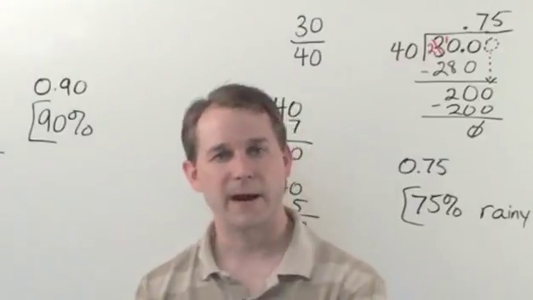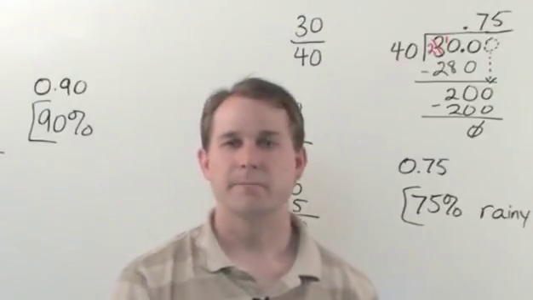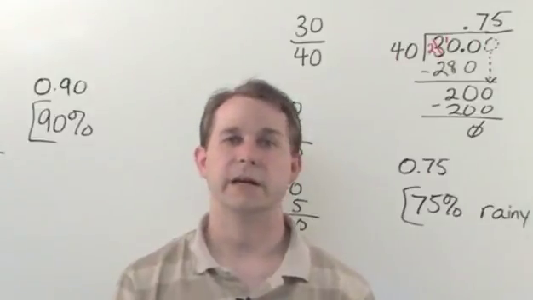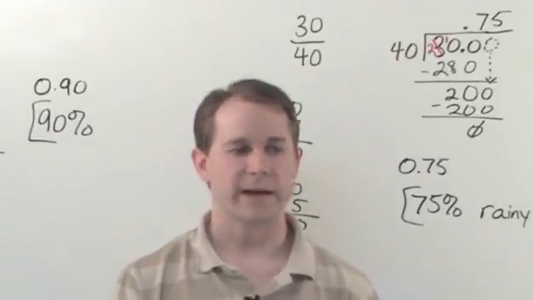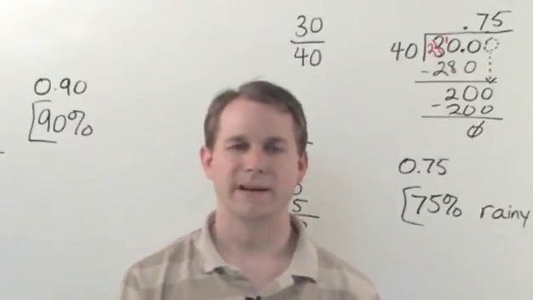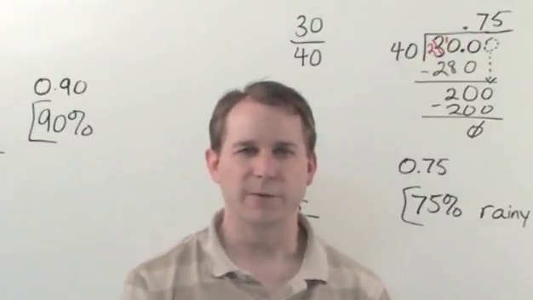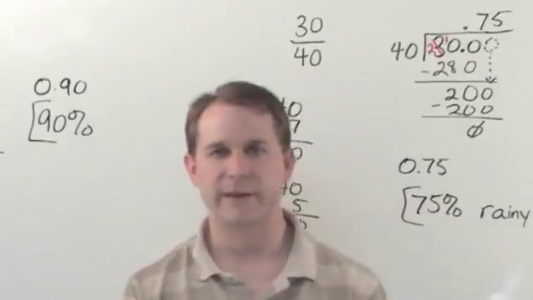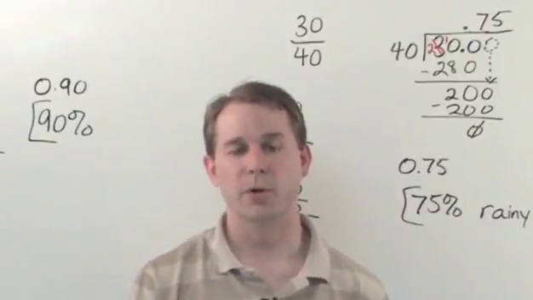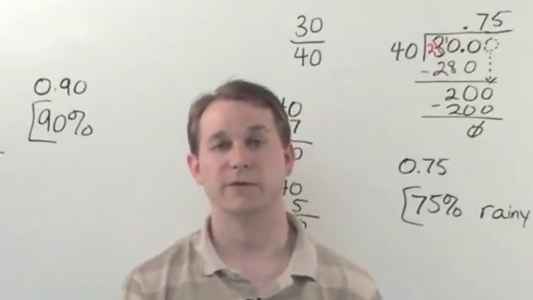And I can compare that to another city, maybe Seattle. Maybe it's only sunny 50% of the time there. I can look at 50%, I can look at 90%, and I can compare the two because that gives me a good, level way of comparing which one is going to have more sunny days out of every 100 days. So that's why percents are important, and that's why you need to learn how to master them.